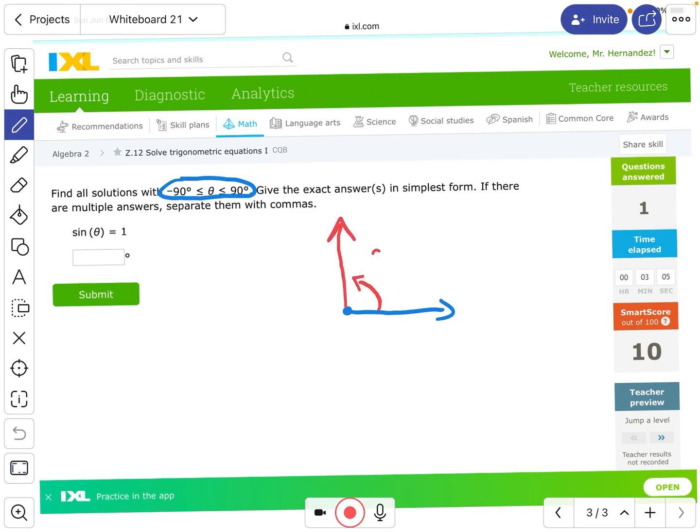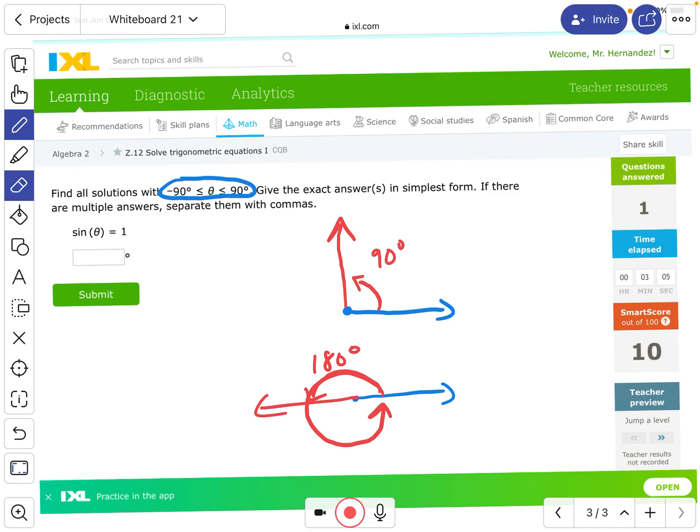So this is positive 90 degrees. But if you opened it up more, it will still be positive, right? So again, the angle in standard position opens up like this, so that's like 180 degrees and so on. So you could just open it up this way, and that's a positive degree.